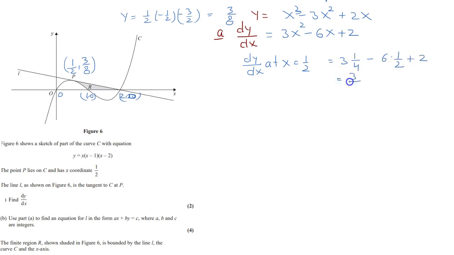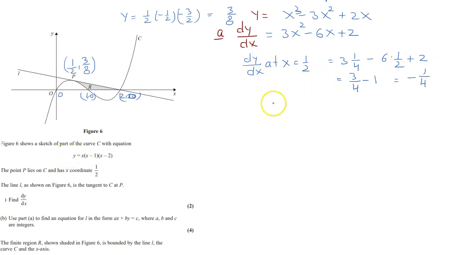So that is 3 over 4 minus, this is 3 plus 2, is minus 1 over 4.